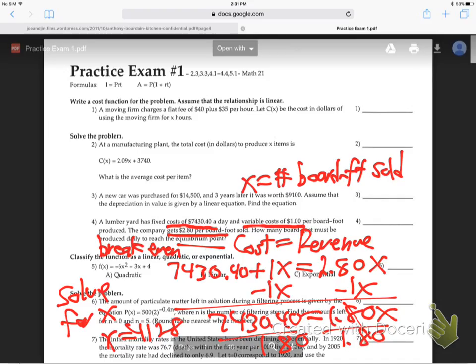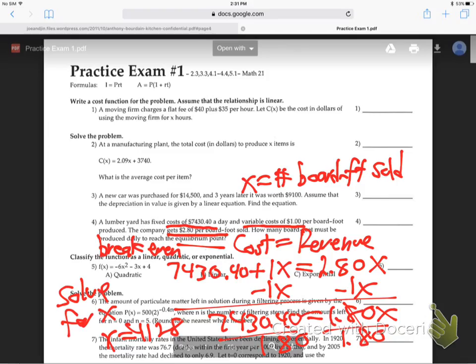And I went, oh, fixed, 7430, variable, per board foot, 1x. So whatever they say per, that means it's times that, right? If I said I'm going to bring cash for everybody on Tuesday, $10 per student, to figure out how much cash, I'd have to multiply 10 by the number of students, right? Per means multiply.